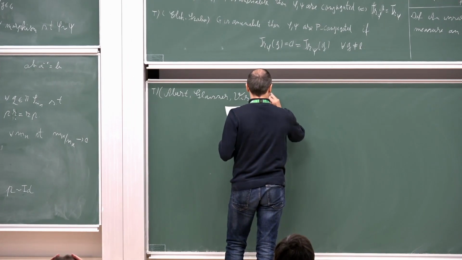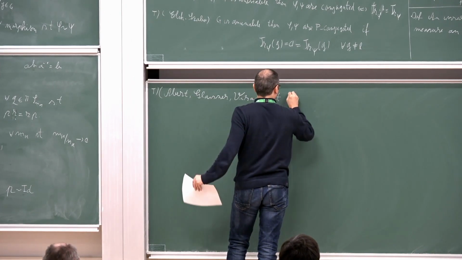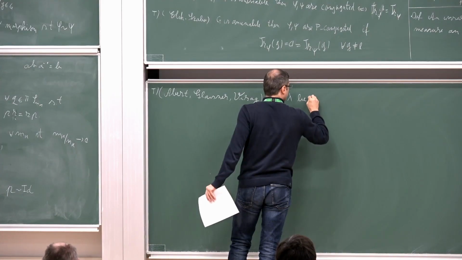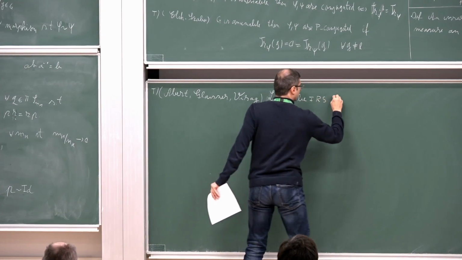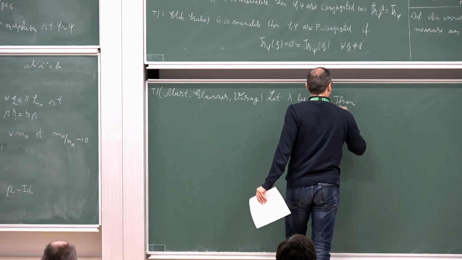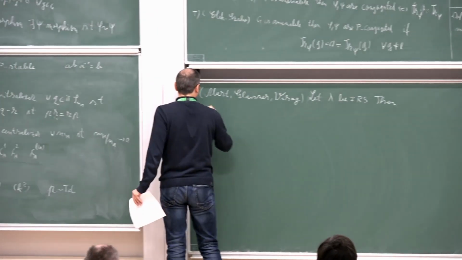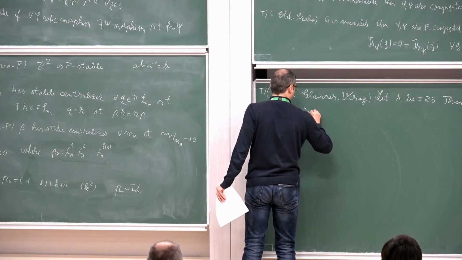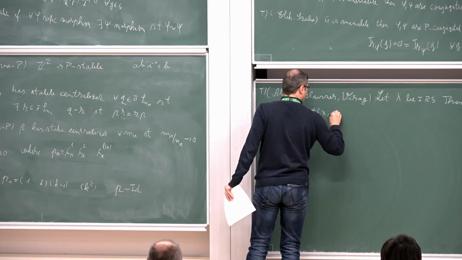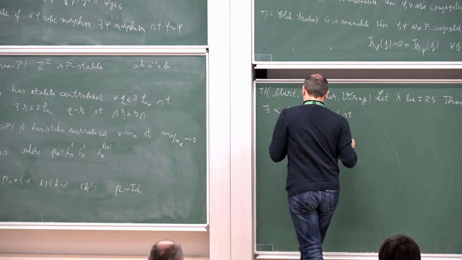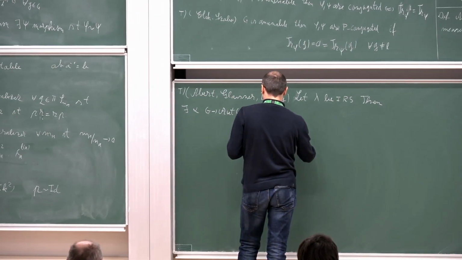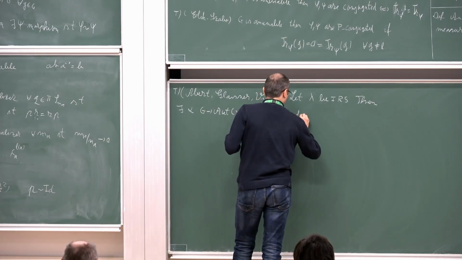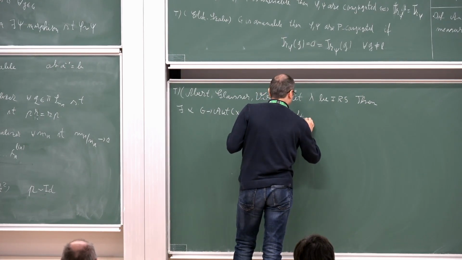Let lambda be an invariant random subgroup, then there exists a measure preserving action such that lambda is the push forward of the stabilizer map.